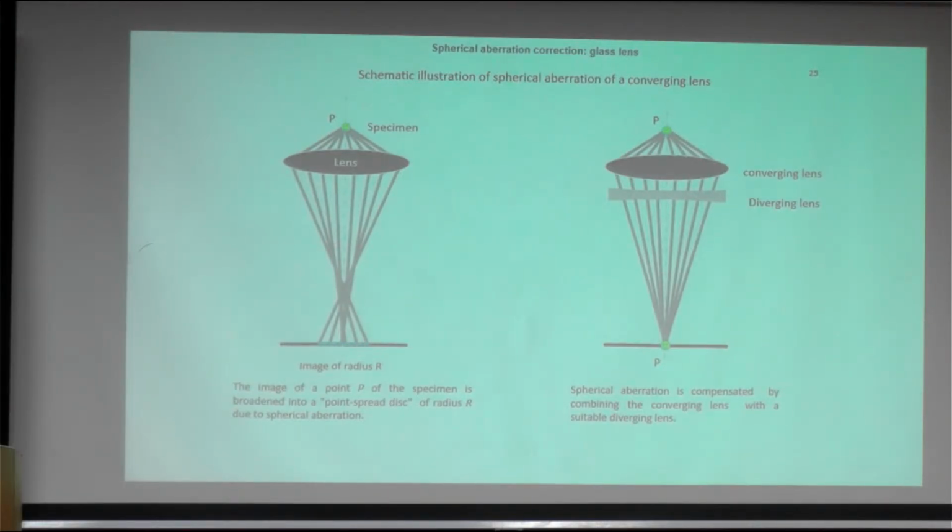So P prime will be much larger, and it goes like a point spread disk here. And if you insert a divergent lens, which corrects this and brings all the light to the point, then we get P, our point of interest, also focused to the next point P prime, and so we get a better and clear image.